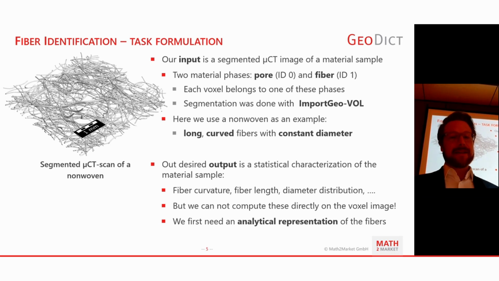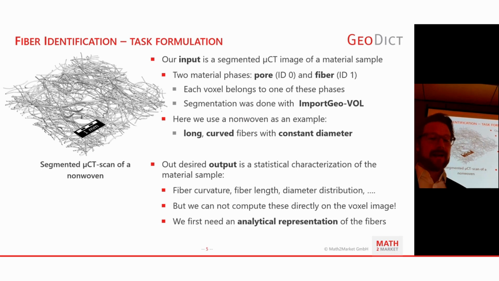But many of these statistics cannot or can only be computed in a complicated way directly on the voxel image. So what we want to do is we want to obtain an analytical representation of the fibers. We want to know where the fibers are and how their trajectory is through space in order to be able to analyze all these high-level statistics easily.